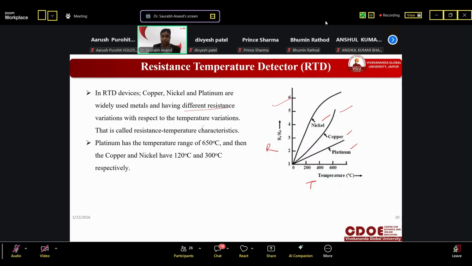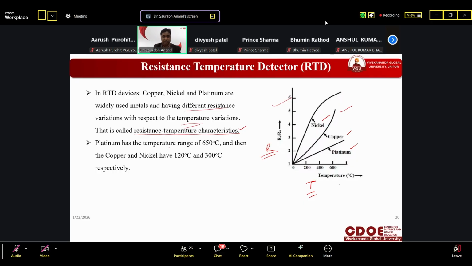So if the temperature is continuously increasing, then the resistance will vary, and accordingly we will get the varied values. This characteristic is drawn between resistance and temperature. That is why it is the resistance temperature characteristic. Characteristics is nothing but the graph between two parameters, and we have two parameters, that is temperature and resistance. Why? Because the resistance variation is dependent upon the variation in the temperature, right?